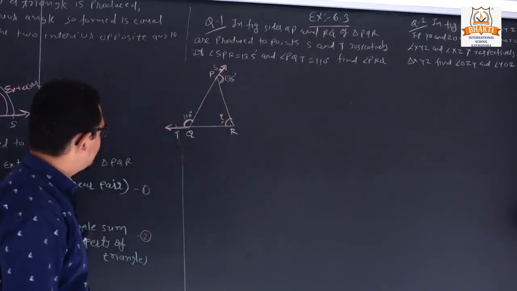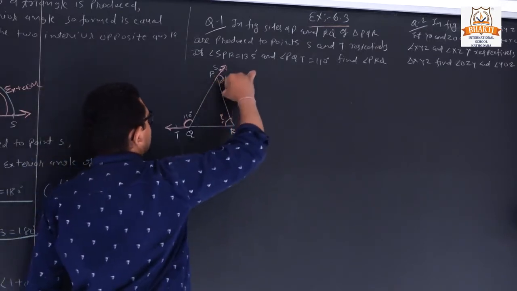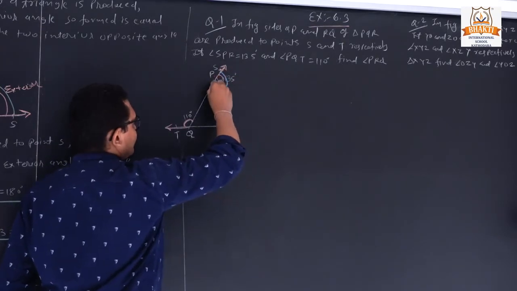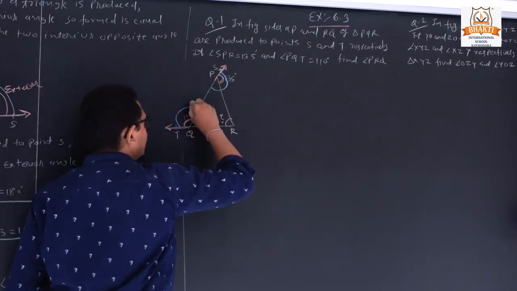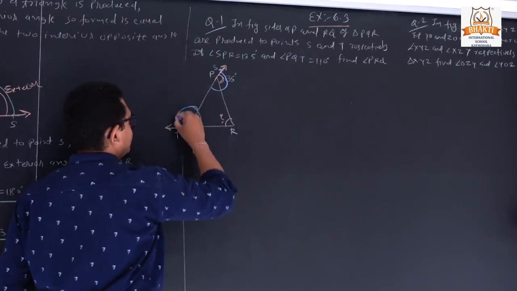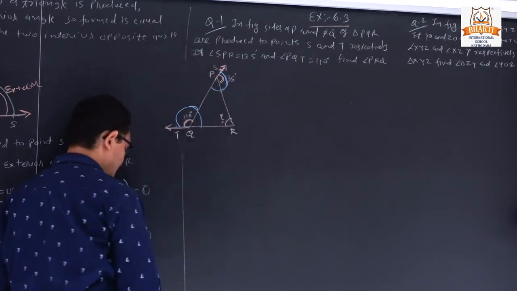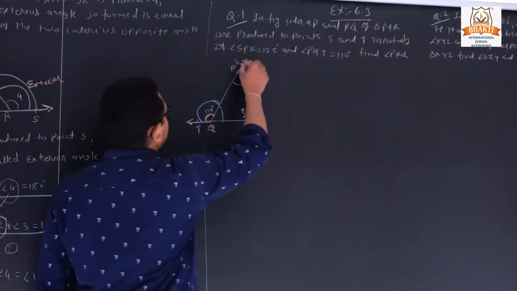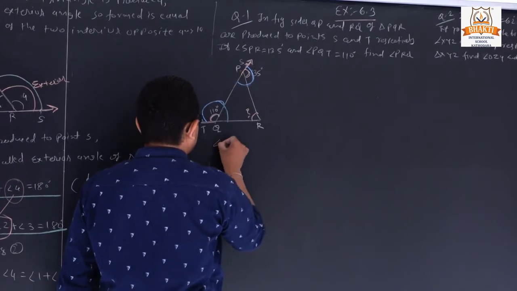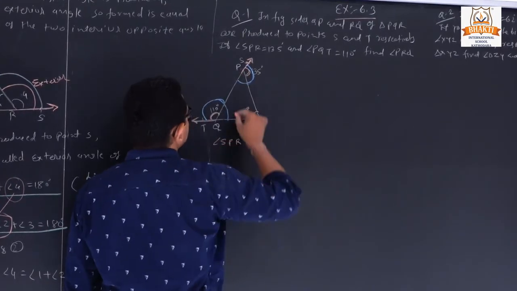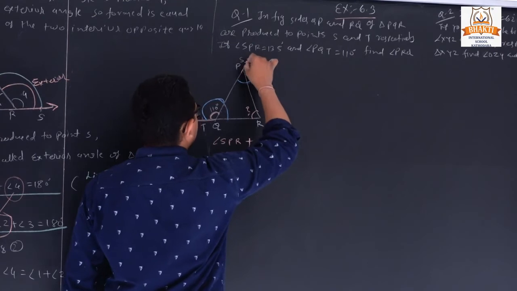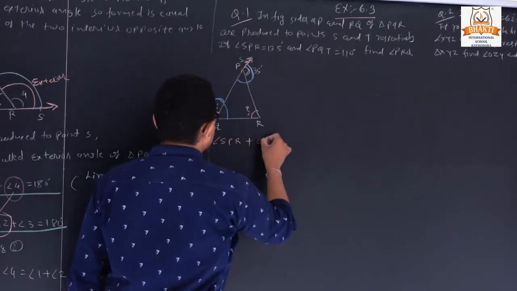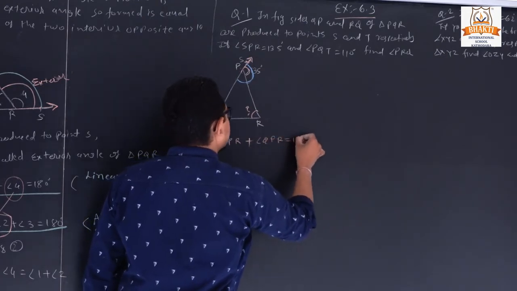So first of all, you can see that here we have a linear pair. Once again here we have one more linear pair. This is a linear pair, this is also a linear pair. So the sum of a linear pair is always 180 degrees. So here we can write angle SPR plus angle QPR is equal to 180 degrees.